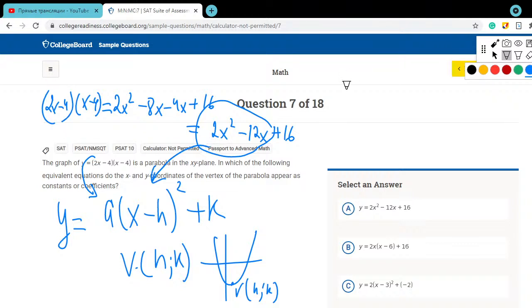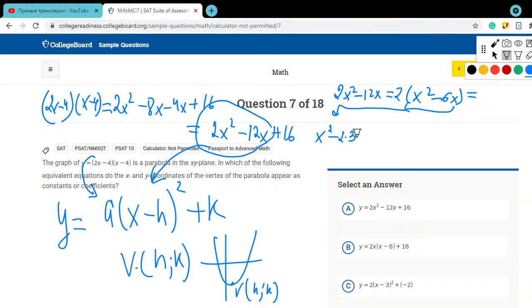We can write 2x squared minus 12x equals 2 times x squared minus 6x, and we can write this part as x squared minus 2 multiplied by 3x. So we have 3. If we add 3 squared and subtract 3 squared, nothing changes, right?